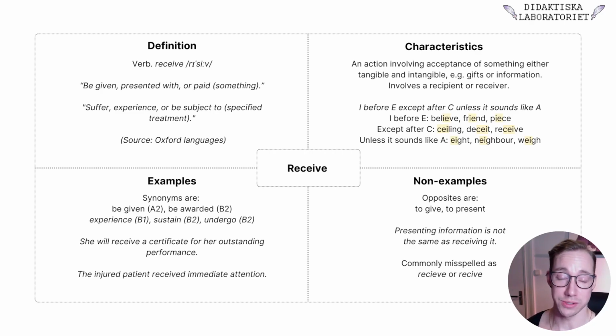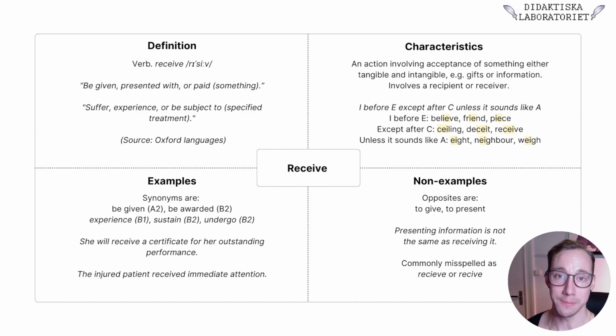There are various exceptions to this rule, how spelling with I before E except C works. So this is not set in stone. It doesn't work all the time. But here are some examples to help us understand how it works.